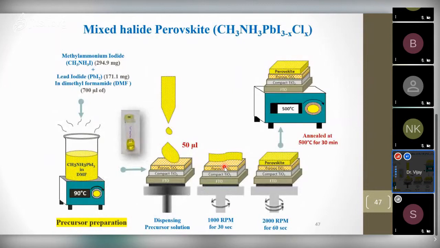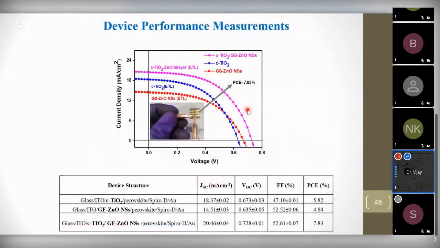So this shows how he has made the different layers, like the drop casting technique, and made a fully fledged perovskite solar cell with mixed halide. The device performance was also studied, and the titanium dioxide-zinc oxide bilayer electron transport layer has some enhanced efficiency.